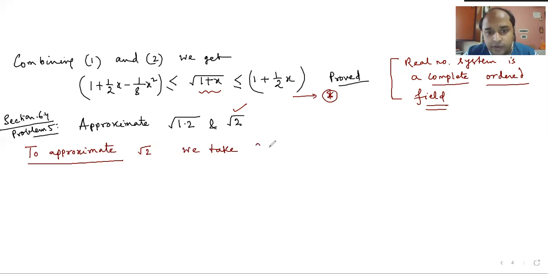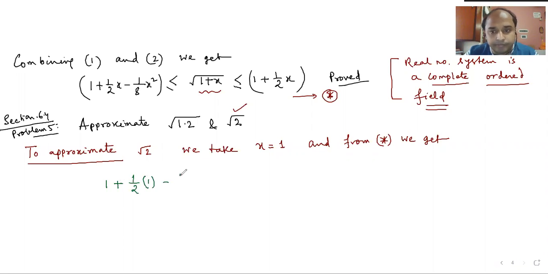We take x equal to 1, and from star we get the following: 1 plus half minus 1 by 8 into 1 squared is less than or equal to root 2, which is less than or equal to 1 plus half into 1.